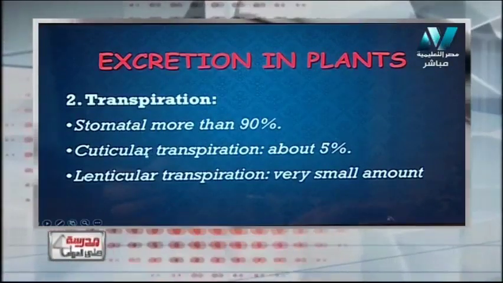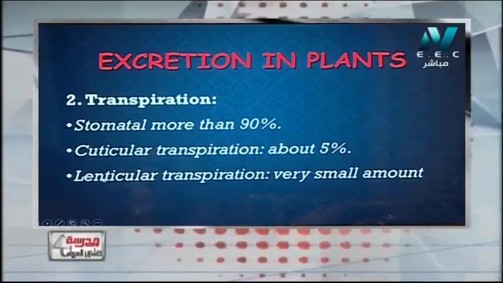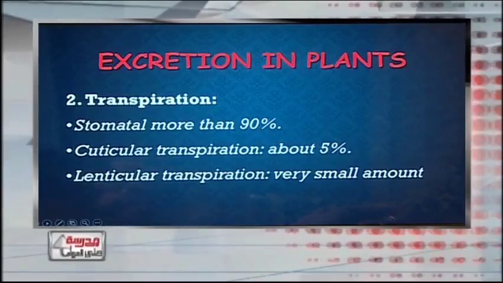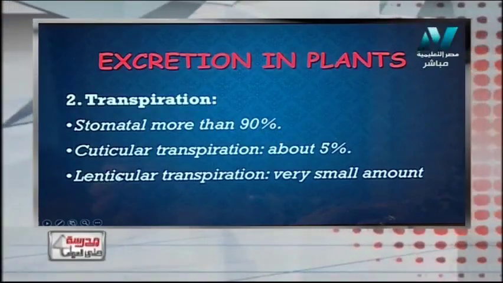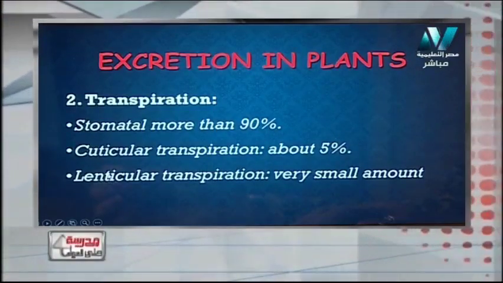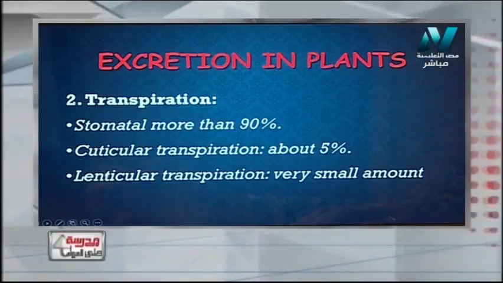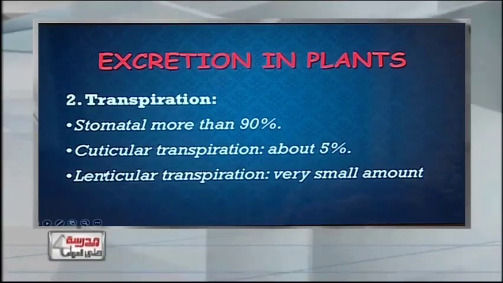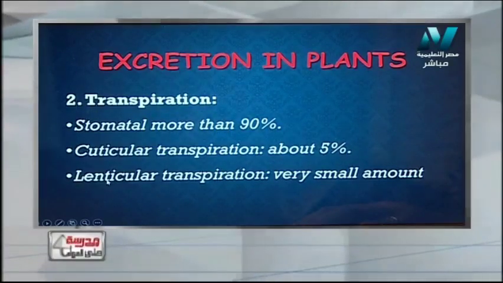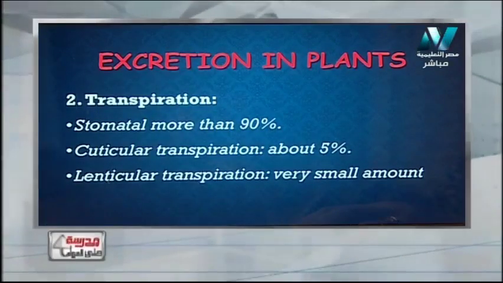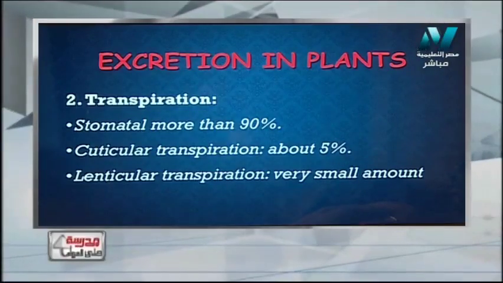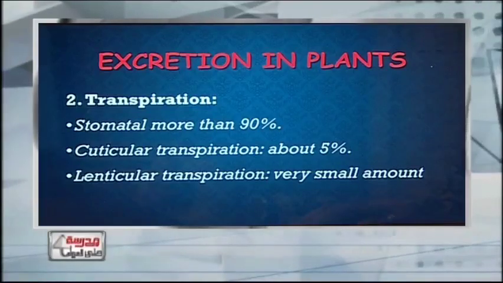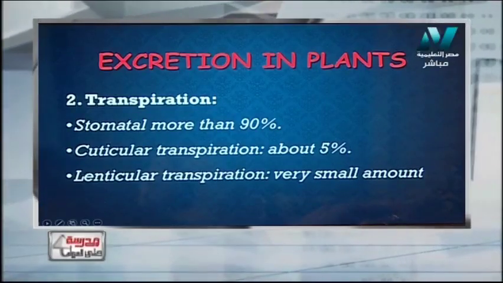This transpiration, called cuticular transpiration, forms about 5% of the total amount of transpired water coming out from the plant. The third location where the water vapor comes out from the plant is the lenticels. Sometimes in big plants with big trunks, the trunks have very small openings, and these openings are called lenticels.